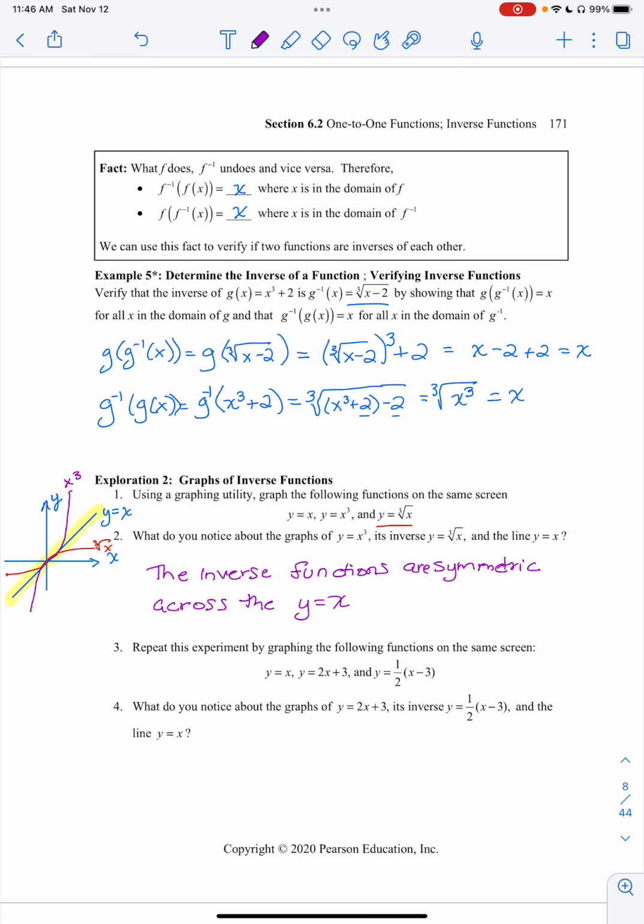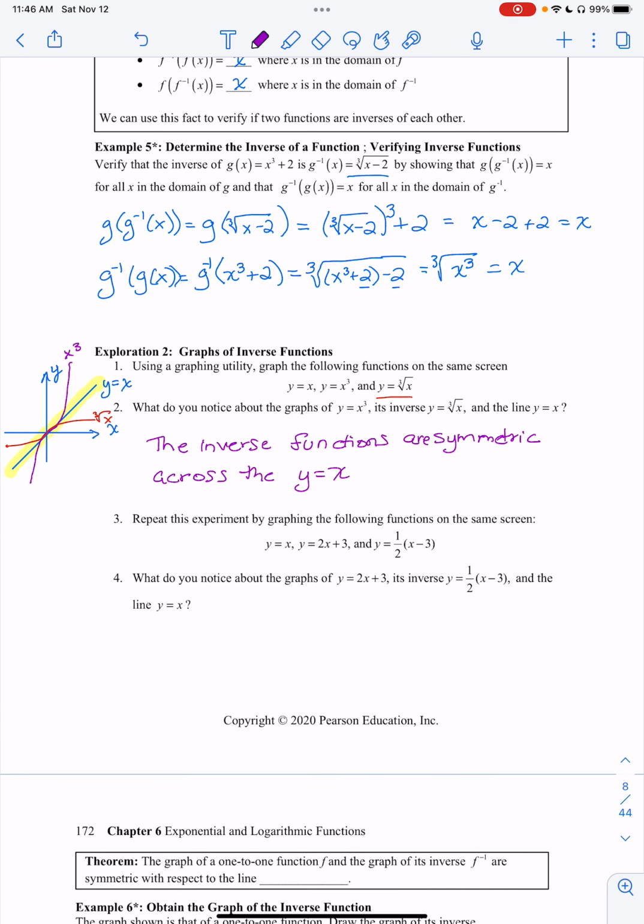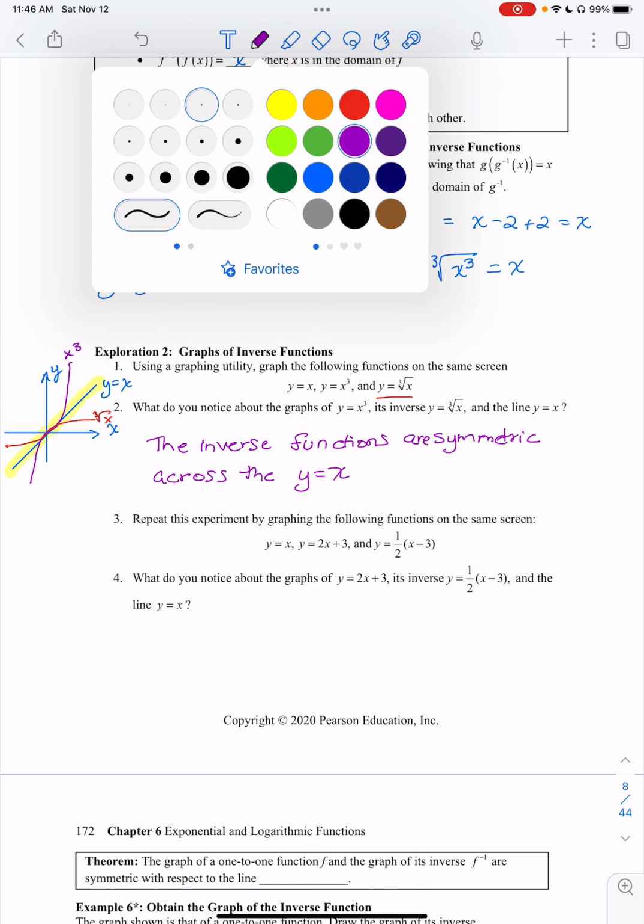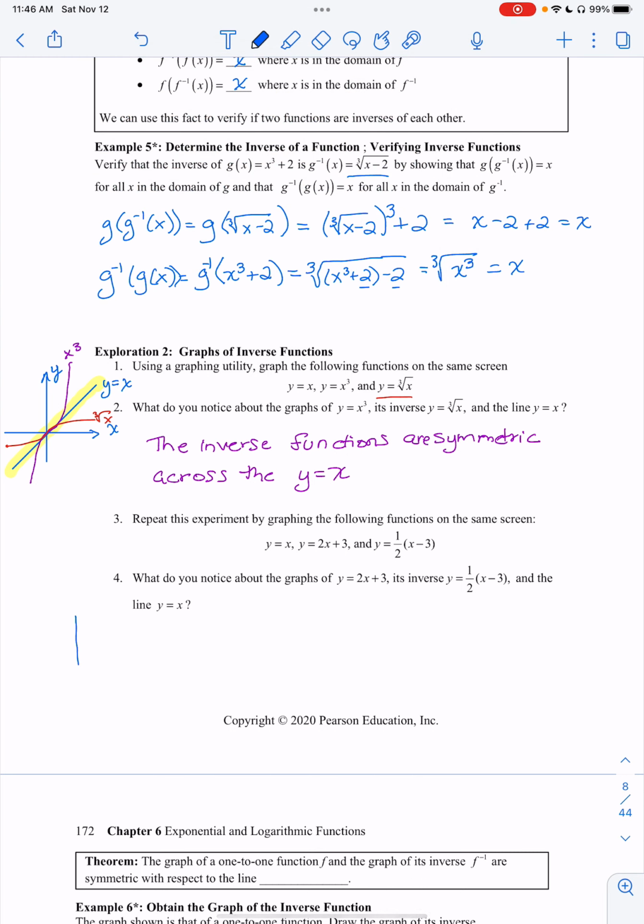We can see the same thing if we graph the functions down here. Start with the same thing. If we have these functions, here again I have my y equals x line.